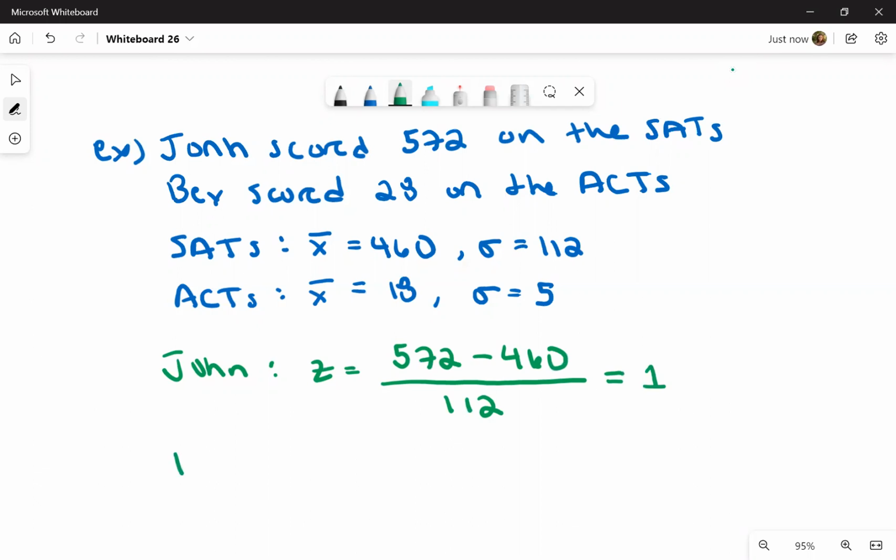For Bev, her z-score would be 28, her score, minus 18, the mean on the ACTs, divided by 5, the standard deviation, and that comes out to 2. So there you go. That's how you actually calculate those z-scores, and it allows you to do comparisons between different types of examples, without them needing to be related to each other.